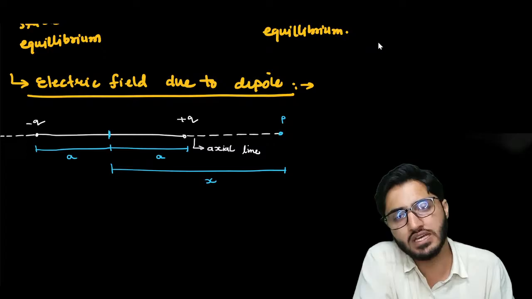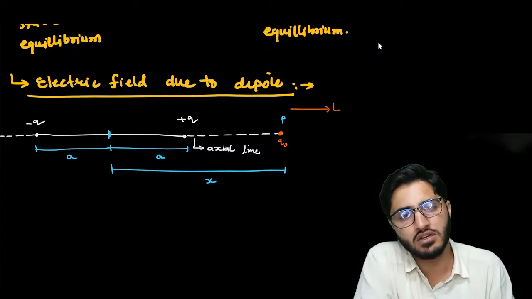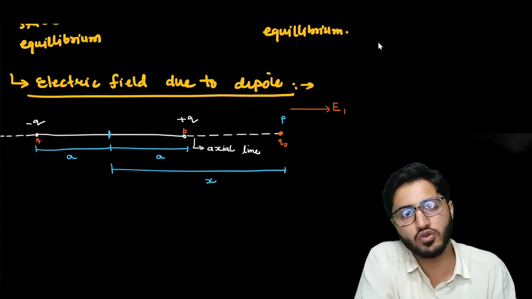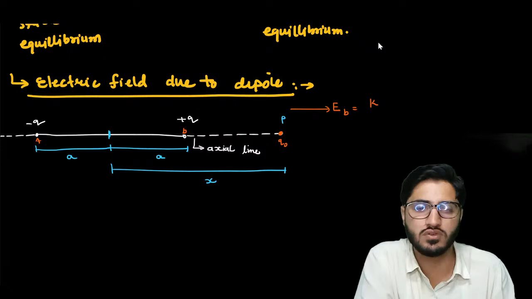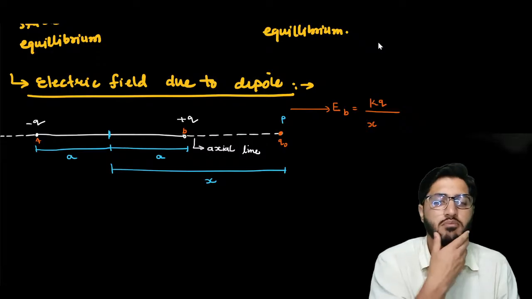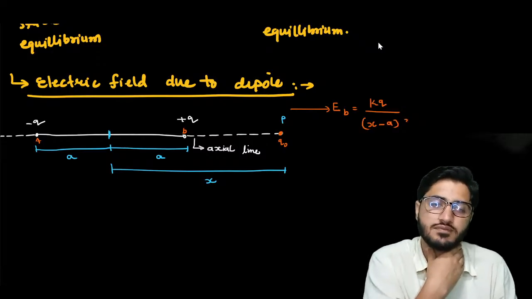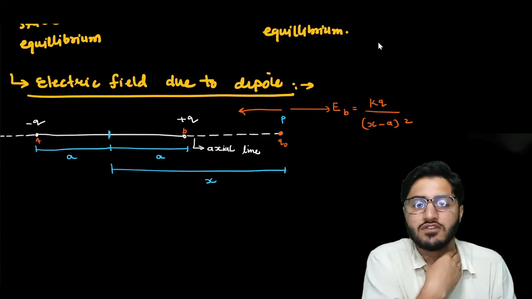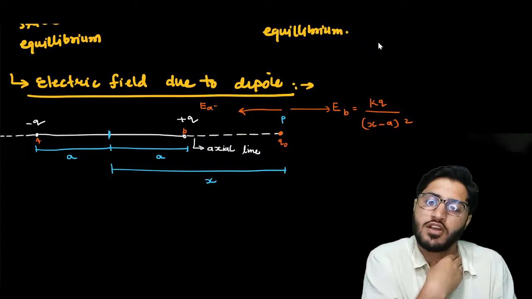Suppose here I have a small positive test charge Q naught. The electric field due to B equals KQ divided by (X minus A) square. And the electric field due to A would be the inverse: KQ divided by (X plus A) square.